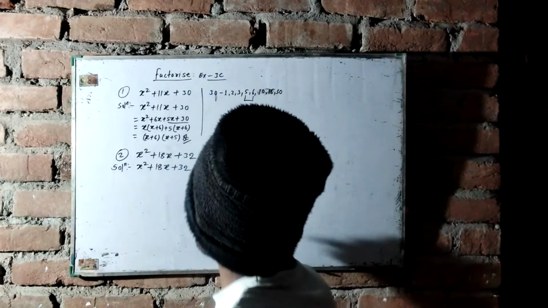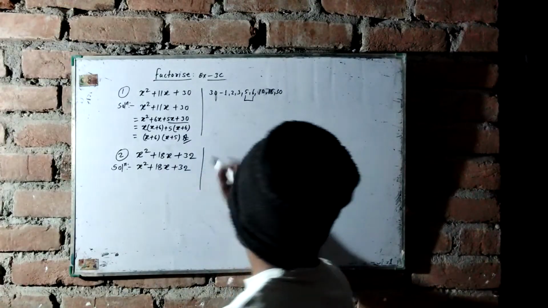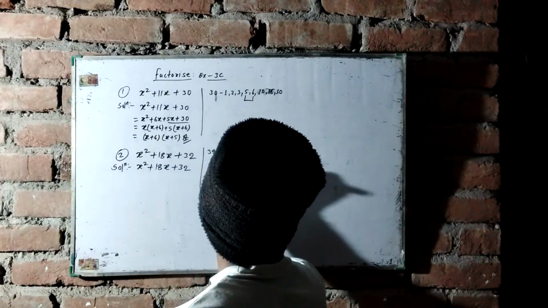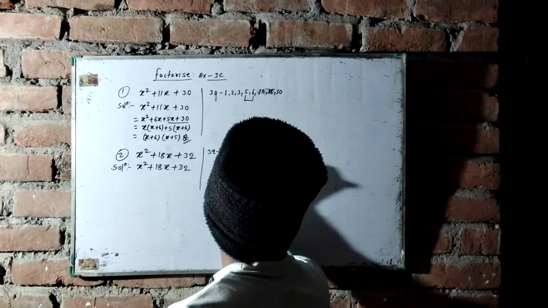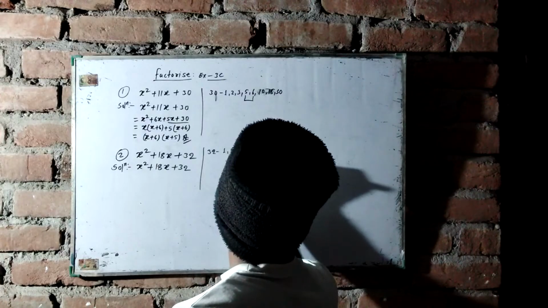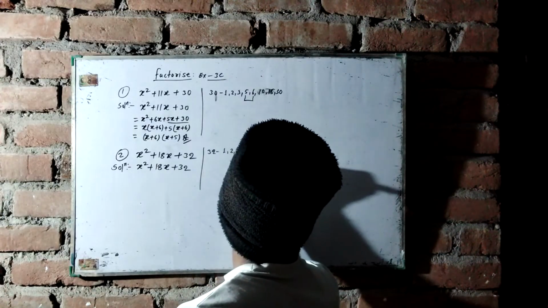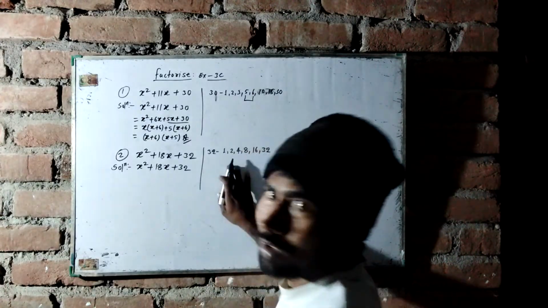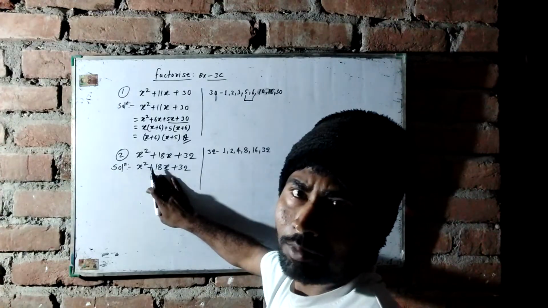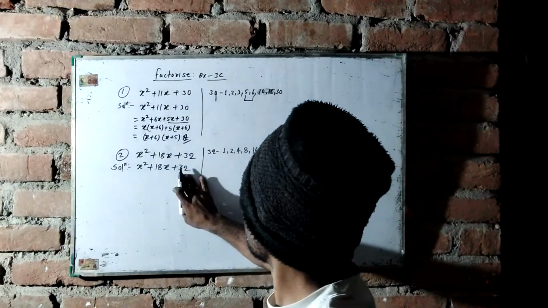Similarly, we write all factors of 32: 1, 2, 4, 8, 16 and 32. We choose two numbers whose sum is 18 and product will be 32.